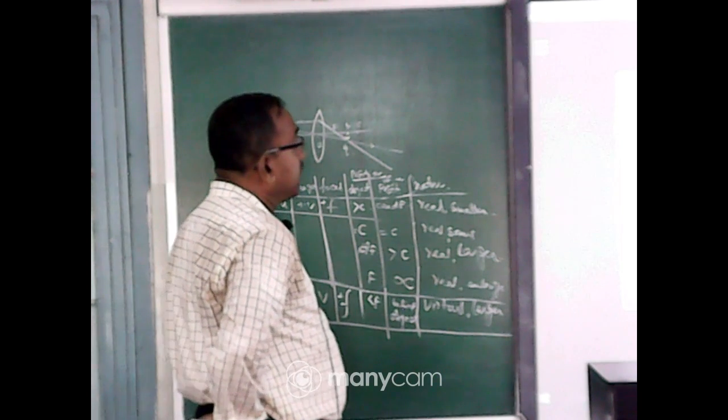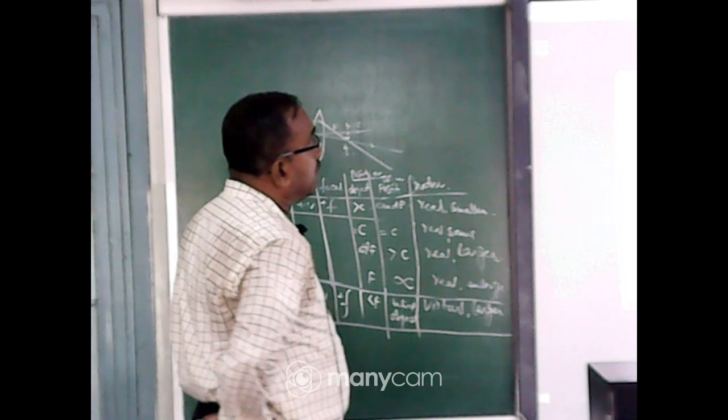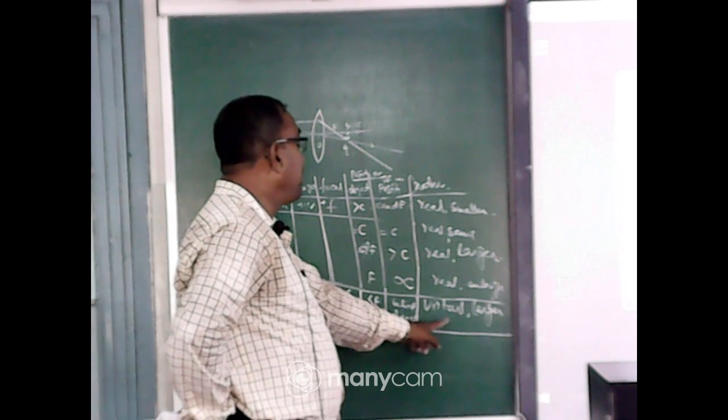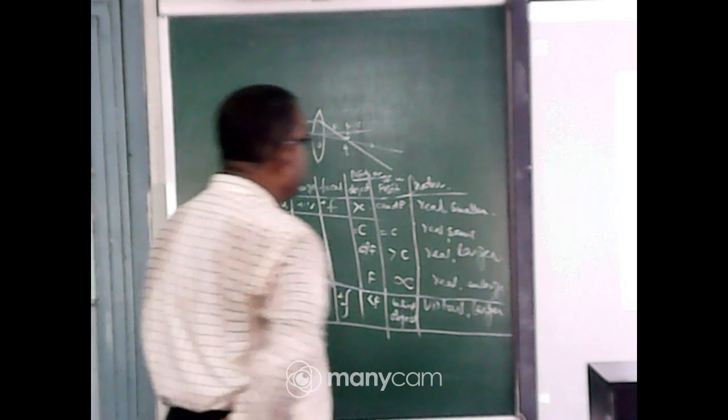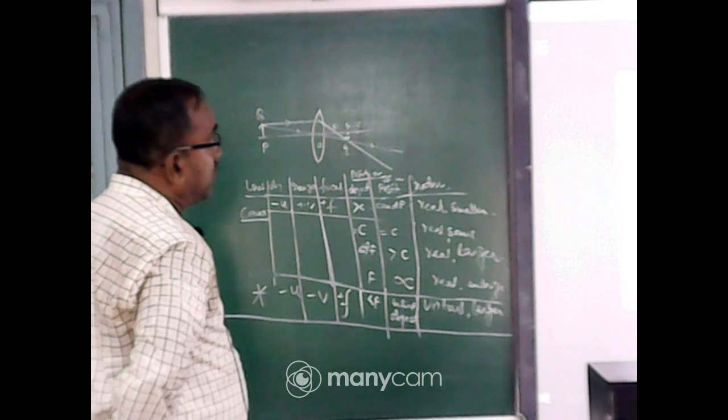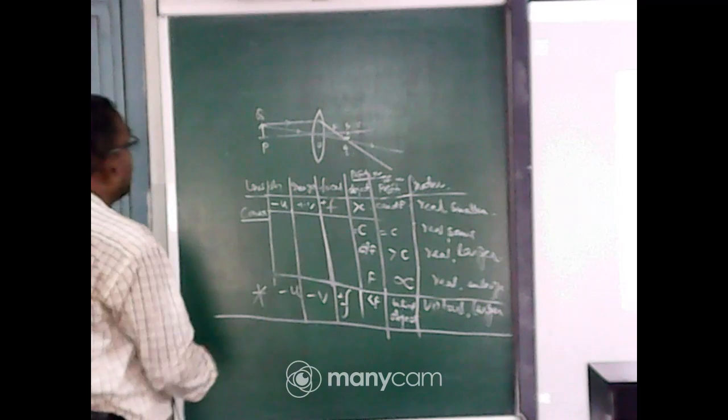That time the image distance will be negative, and the nature of the image will be virtual and larger in size.